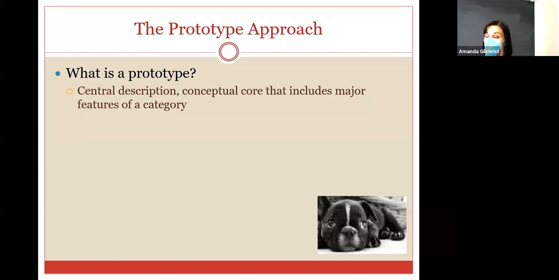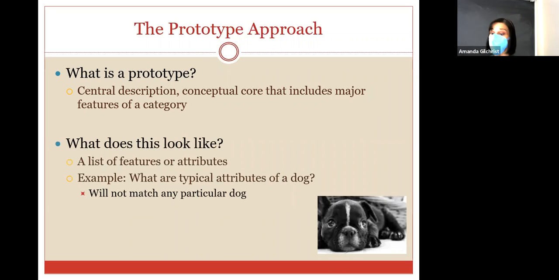So for example, you probably have seen some dogs with little ears. You've probably seen some dogs with some bigger ears, and you've seen dogs that have big, long, floppy ears. A prototype approach is basically going to take the average of all of those different ear lengths and give us an average length.